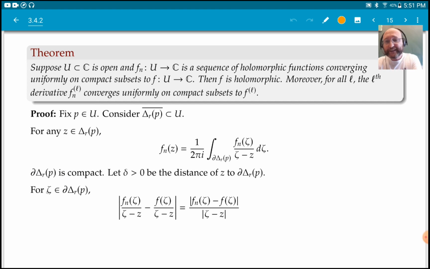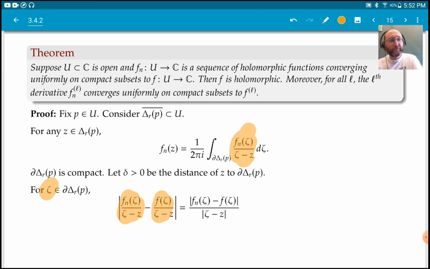All right, now I'm integrating over the circle, so for any zeta in this circle, I'm looking at how the inside converges, for a fixed Z. So I look at f sub n of zeta divided by zeta minus Z, the integrand over here, and I look at what the limit would be, and I take the absolute value.